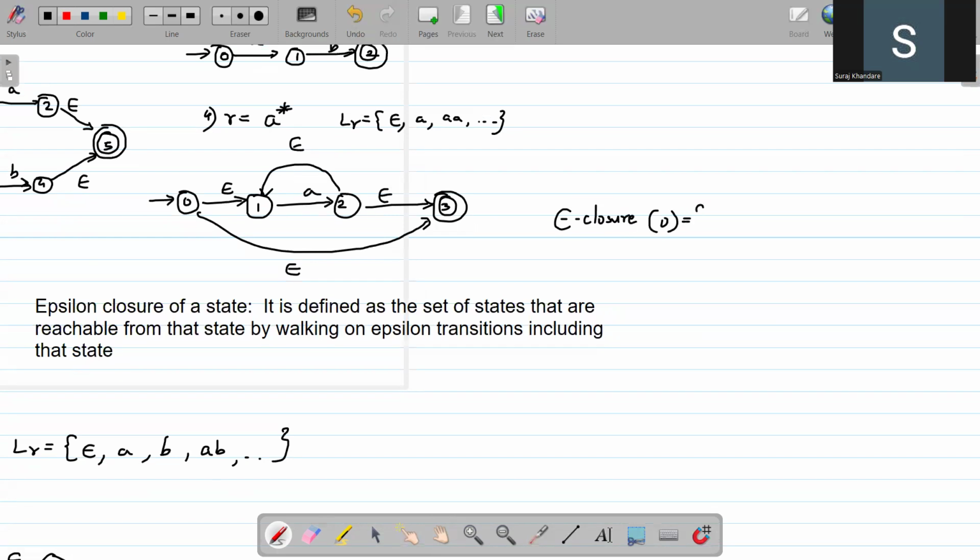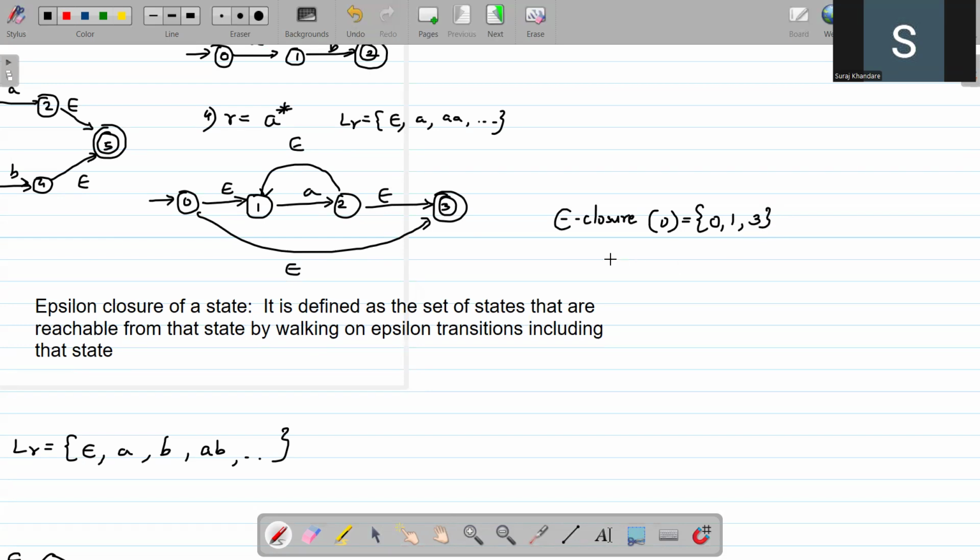In this case, first the state should be included. Then from 0 to 1 there is a transition on epsilon as the input. Yes. Then 1 to 2 is on A, so we cannot take it. 0 to 3 there is a transition, it is possible on epsilon as the input. Then 0 to 2 is not possible, so that cannot be included.